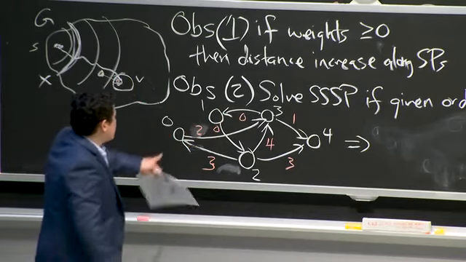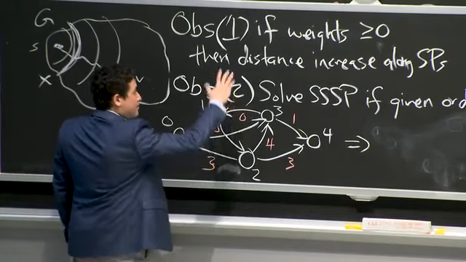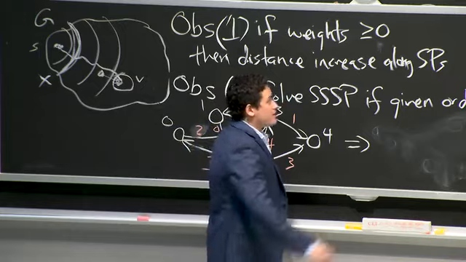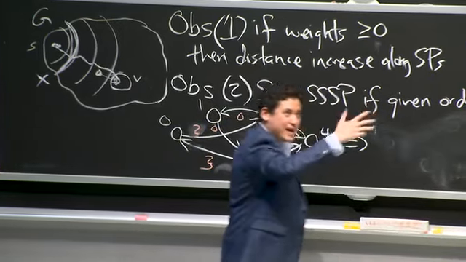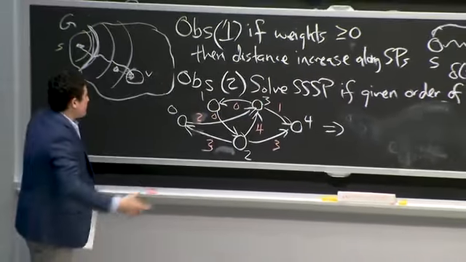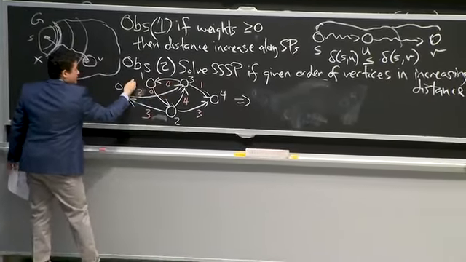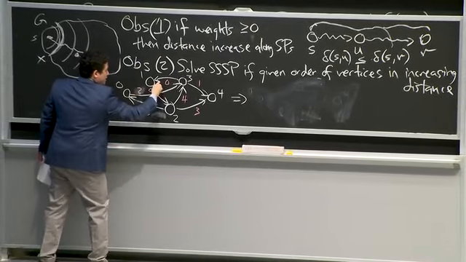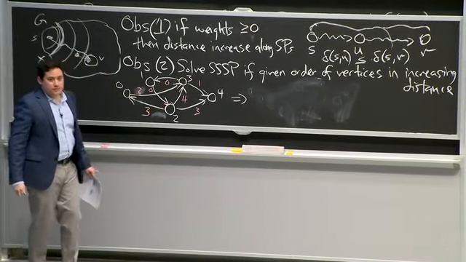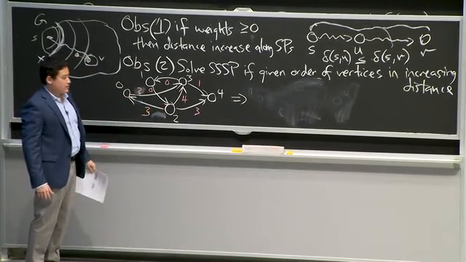And that's always the case because paths can't decrease in weight. I can rearrange the ordering of these things so that 3 comes first, 1 comes second, and 2 comes third of those 3 vertices, okay?